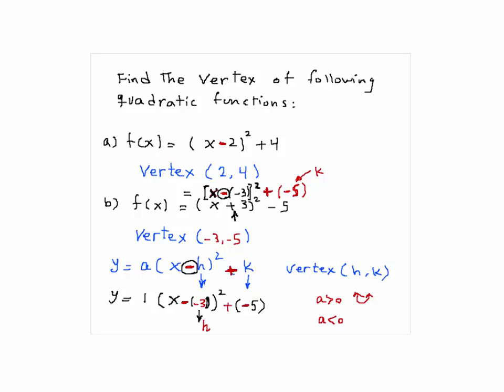So if A is positive, the parabola opens upward. If A is negative, the parabola opens downward. And the vertex is the highest or lowest point of the parabola.